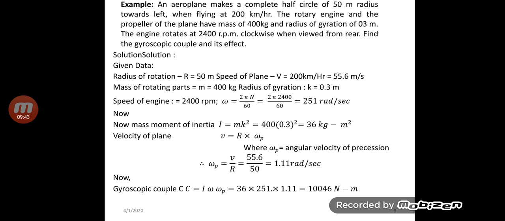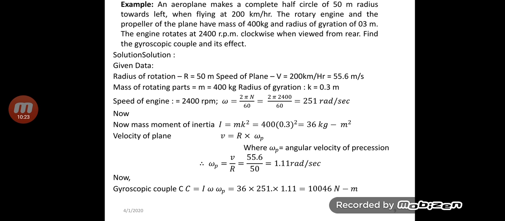and that comes as 1.11 radian per second. Now we know that the gyroscopic couple C is equal to I, the mass moment of inertia of the disc, into omega, that is the angular velocity by means of which the disc is rotating, and omega p, that is the angular velocity of precession, that is equal to 36 multiplied by 251 into 1.11, and that comes as 10,046 Newton meter.